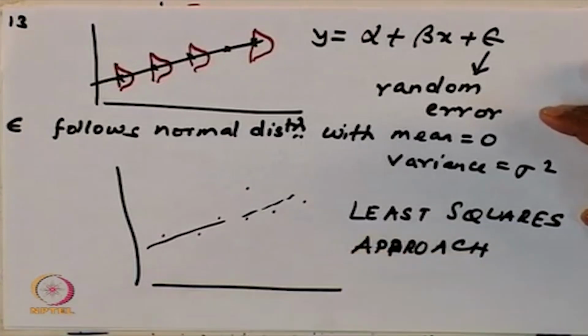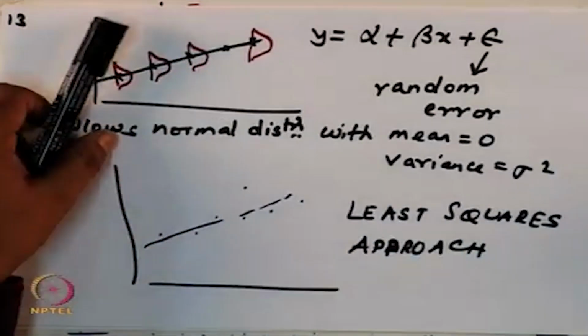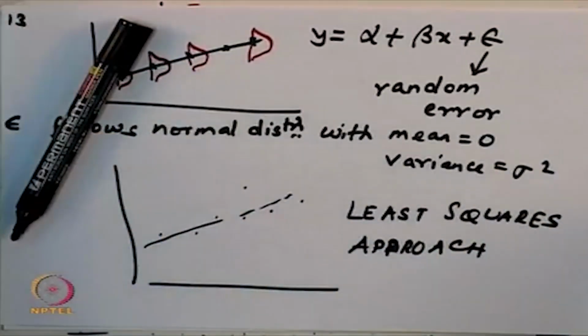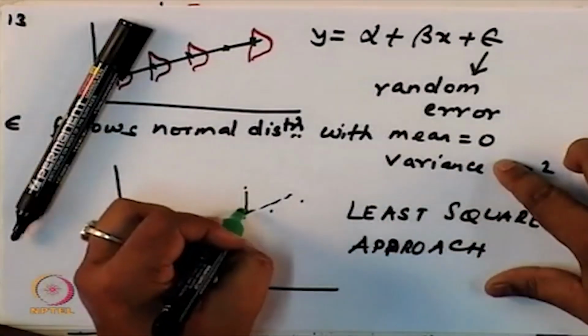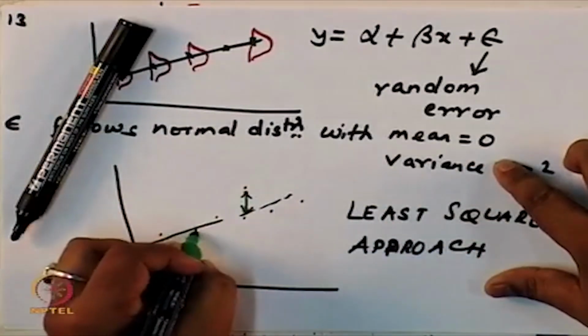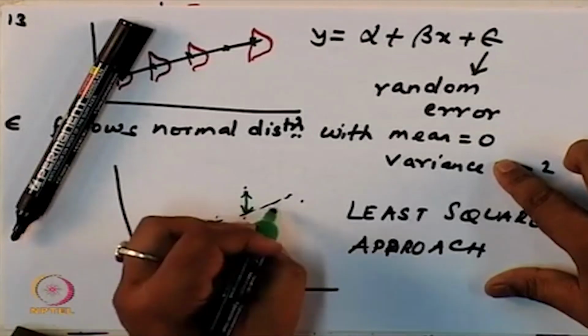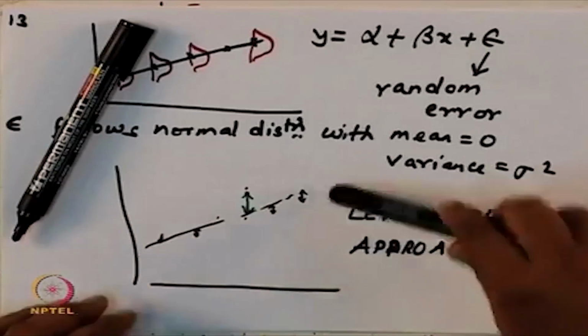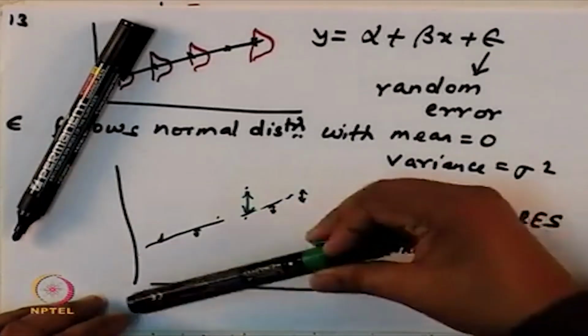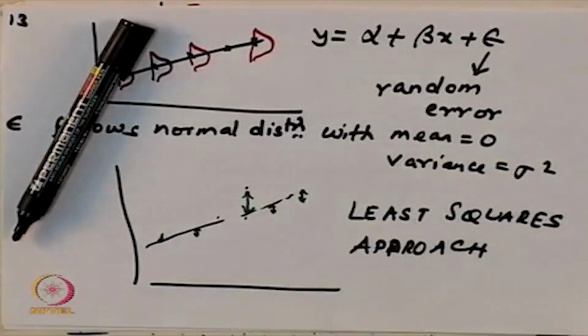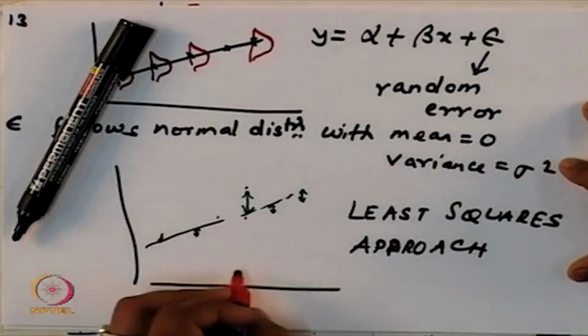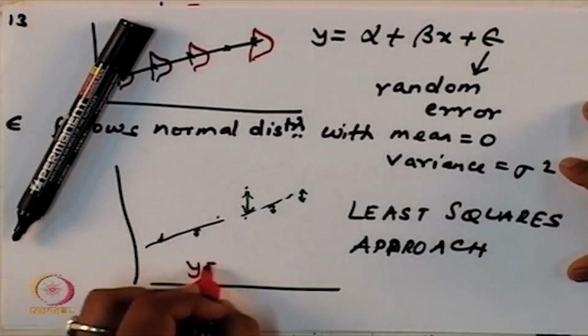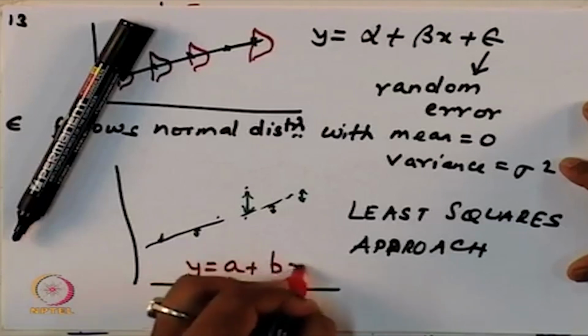What the least squares approach does is essentially minimize these errors on both sides of this line, or rather the square of these errors, thereby finding some estimate of alpha and beta, and this least square line is written as y is equal to a plus bx.